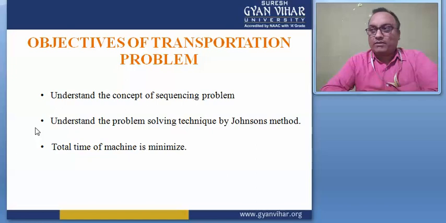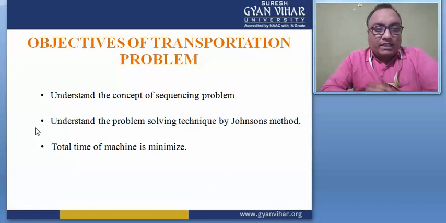Different types of methods are used here, but today I will discuss only the Johnson method. The main objective of this chapter is to reduce the machine time.